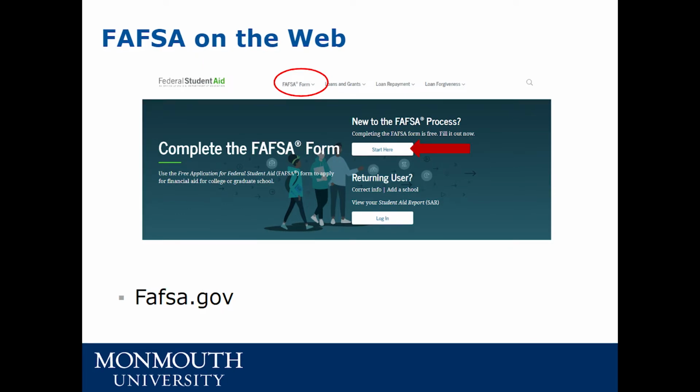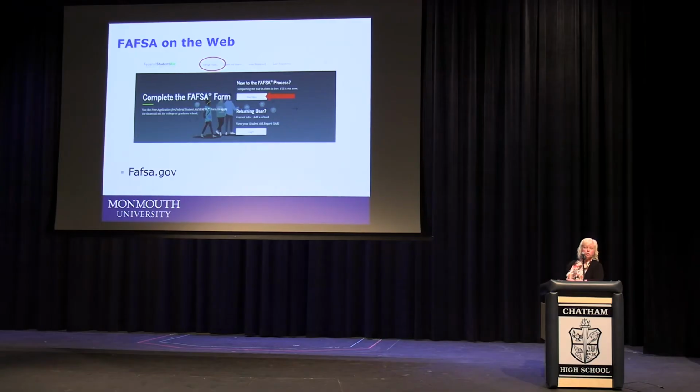You'll be able to click on the button that says Start Here, and that's what you would use if you're a brand new applicant to the FAFSA. It doesn't matter which way you get to it. It's just that some people may be used to one way and some are used to another. And now what you see is not the same if you go from studentaid.gov and from the menu or through FAFSA.gov. So I apologize for that, but this way you know where you're going to complete the application.